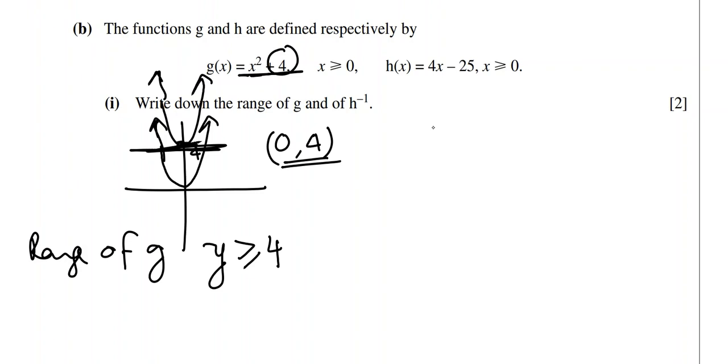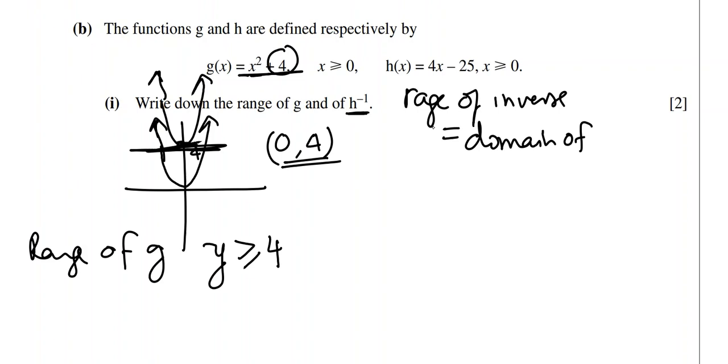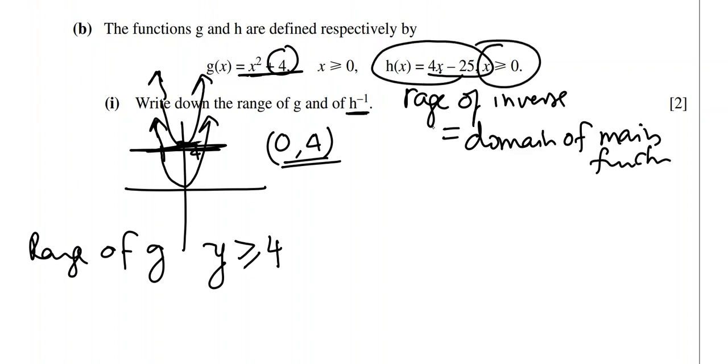Now, range of h inverse, right? That's what they're asking. So keep in mind, the range of the inverse is the same as the domain of the main function. So let's find the domain of this. Rather, why should we find it? They have given x is greater than 0.